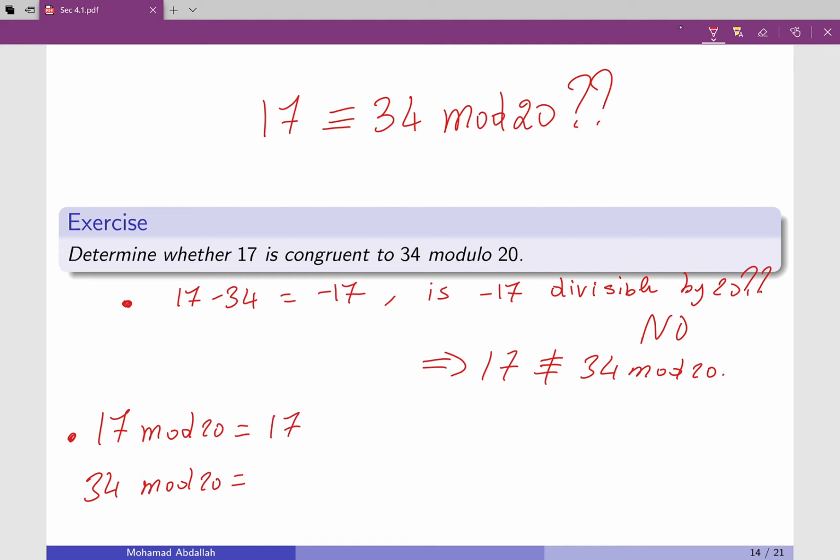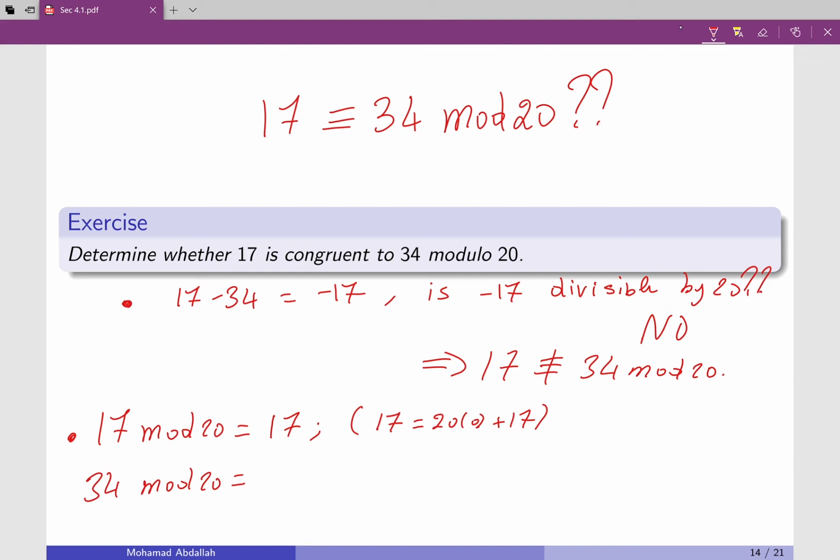Again, look, every time you have a positive number modulo a number that's bigger than that number, then the answer is the number itself, 17. The proof is very simple, because when you divide 17 by 20, you get quotient 0 and remainder 17. So that's why 17 modulo 20 is 17.